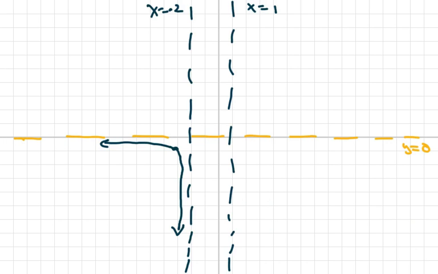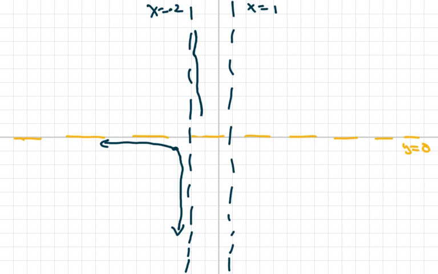From -2 to 0, I picked -1 and I got 1/2. So this is going to veer up to here. And it does cross at (0, 0).